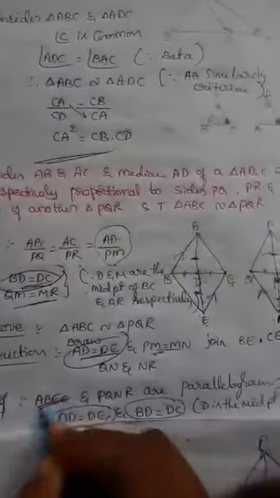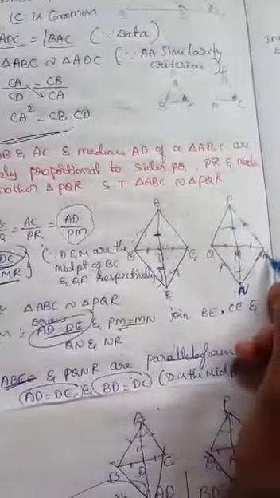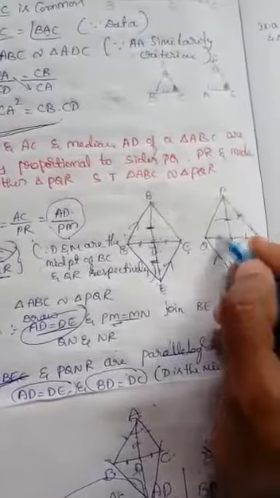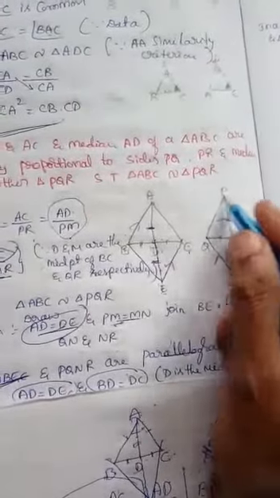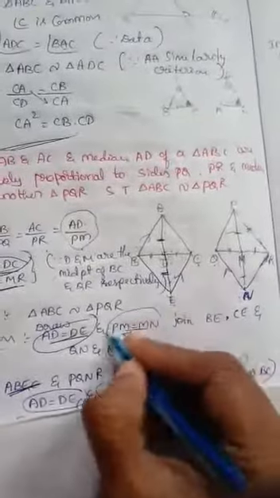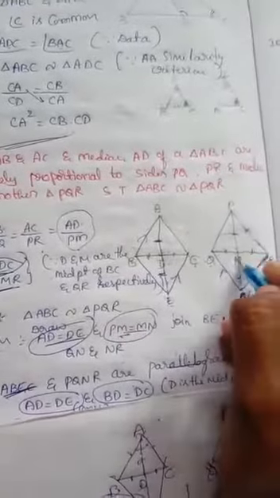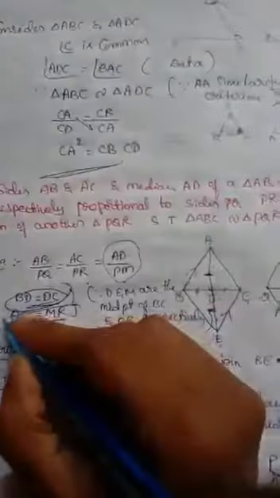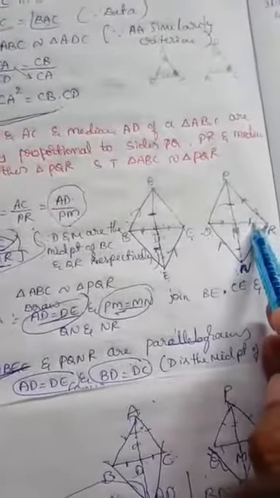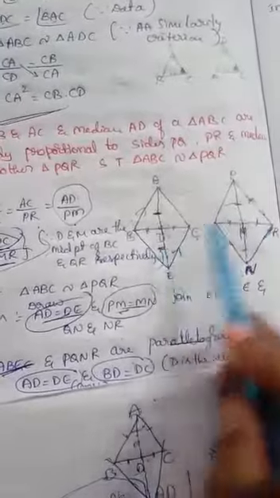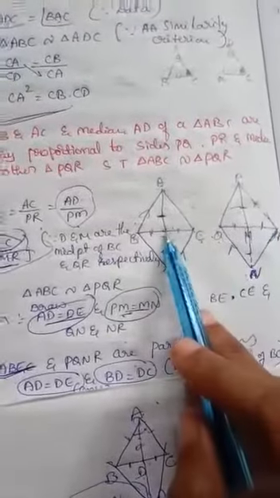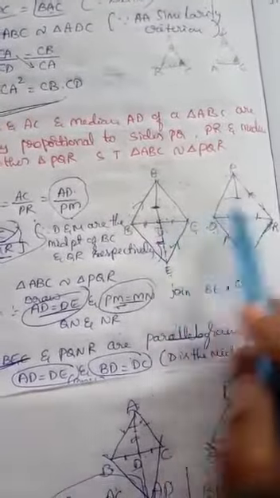Therefore, ABEC is a parallelogram. Similarly, PQNR is also a parallelogram because the diagonals bisect each other: PM is equal to MN by construction, and QM is equal to MR by data. Therefore, these two quadrilaterals are parallelograms. In a parallelogram, the opposite sides are equal.